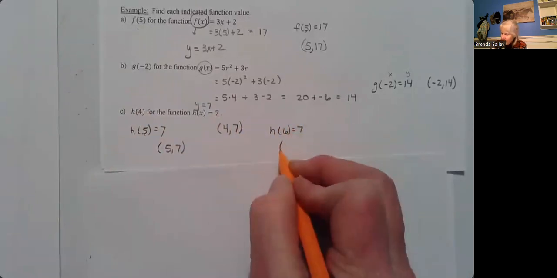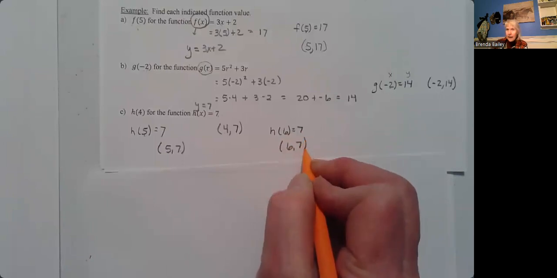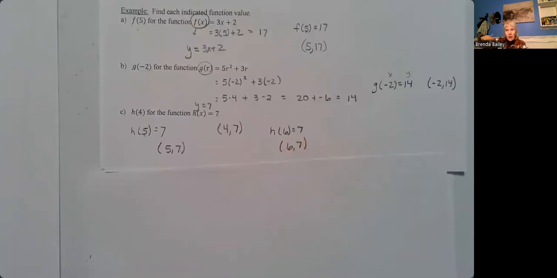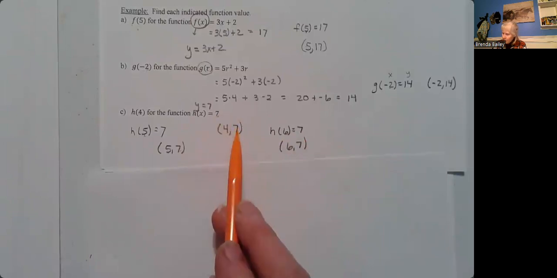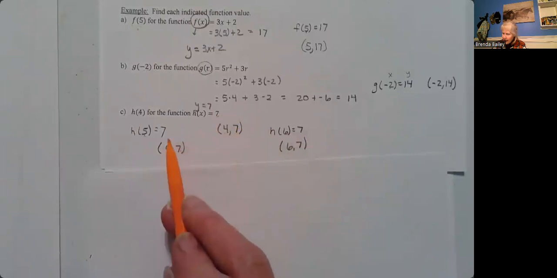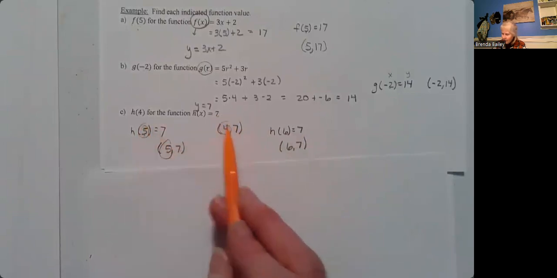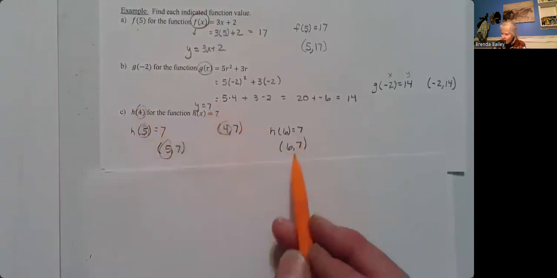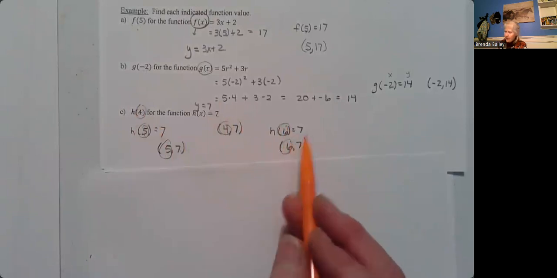So I would have the point 6, 7. Connecting them, it forms a horizontal line with a slope of 0. Kind of review that idea. So you always just get a 7 every time, no matter what x you put in. Whether or not you put in a 6, you always get a 7 out.